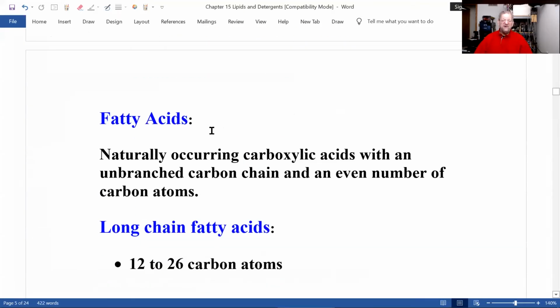Now, I've used the term fatty acid. I'm never going to ask on a test what is a fatty acid, but I still should define it. It's a naturally occurring, in other words, Mother Nature made it, carboxylic acid that's always unbranched, straight chain, and always has an even number of carbon atoms. That's the R plus the carbonyl carbon.